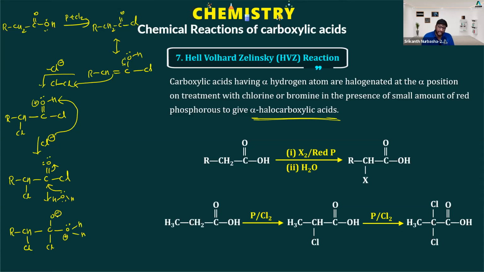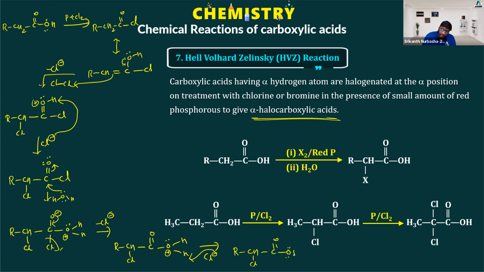Chloride is a good leaving group. The negative charge on oxygen comes into the carbon, and the chlorine leaves. You will generate RCHCl, C double bond O. Oxygen contains only one lone pair, a positive charge and two OH bonds. The Cl minus will pick up this proton, generating RCHCl, C double bond OH plus HCl.